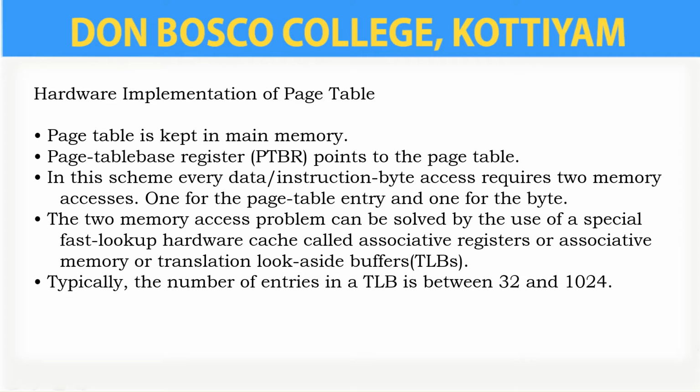Using this cache, we can solve the time delay that comes in fetching data. These are known as TLBs, and we can also call them associative registers or associative memory.